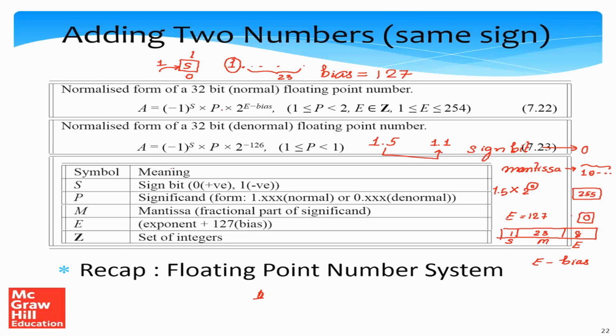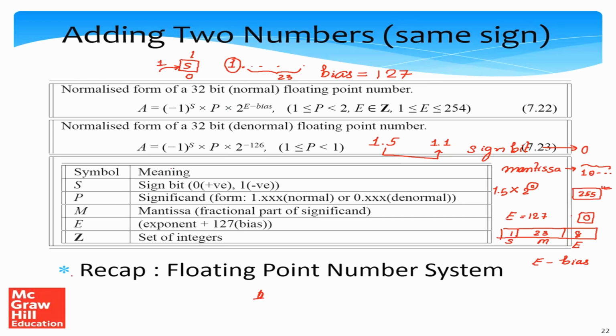Otherwise, if the significand is non-zero, then it represents a special kind of number called a denormal number. And we also said that if the exponent is 255, the highest value, and the mantissa is all zeros, then it can either be positive or negative infinity. And if the mantissa is not zero, then it's not a number, NaN.